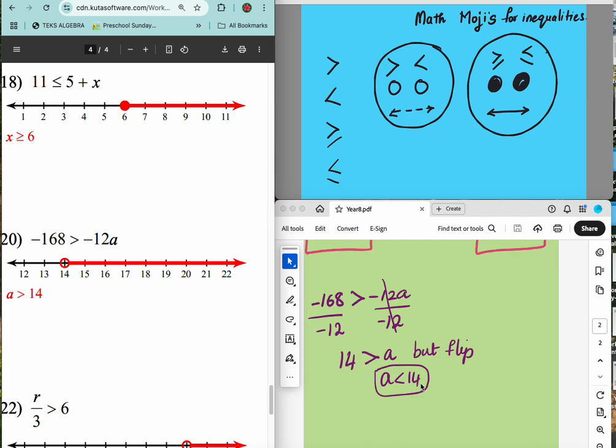A is greater than 14. So remember, letters to the left, and then you divide by negative 12. When you flipped it, the symbol would have been something like this, and then again you would have flipped it and made the symbol greater this way. My apologies, this should have been the other way. So a is greater than 14, this is correct here, and then it's an empty circle going towards the right.